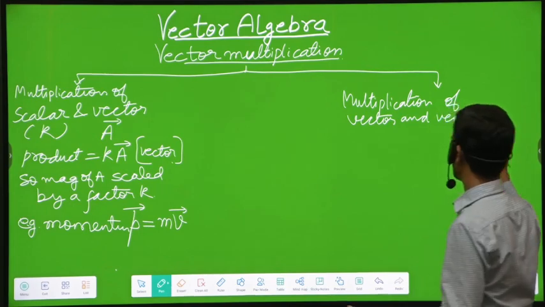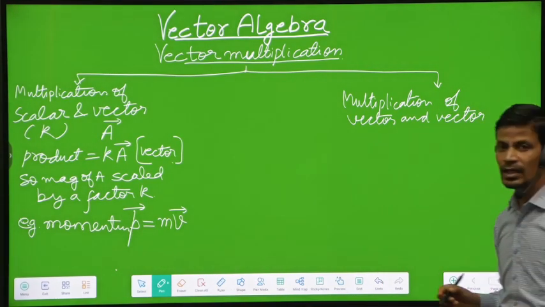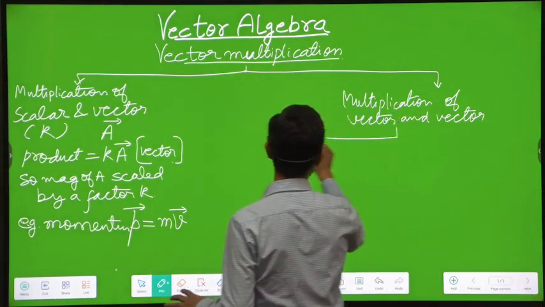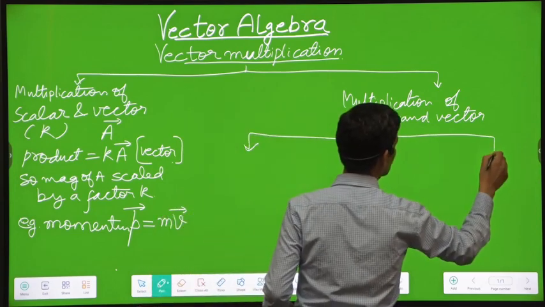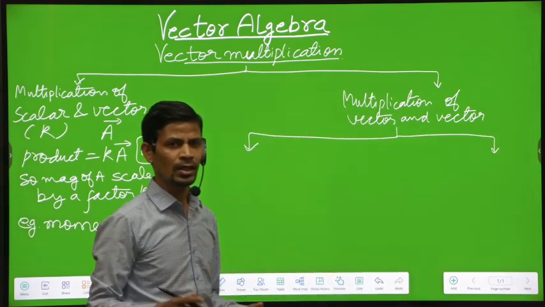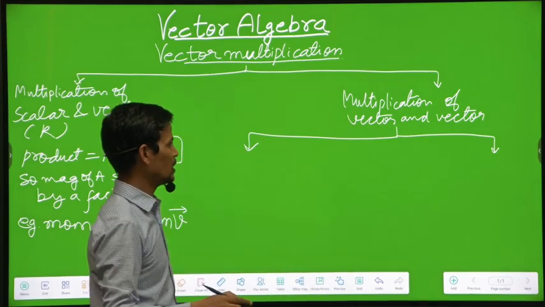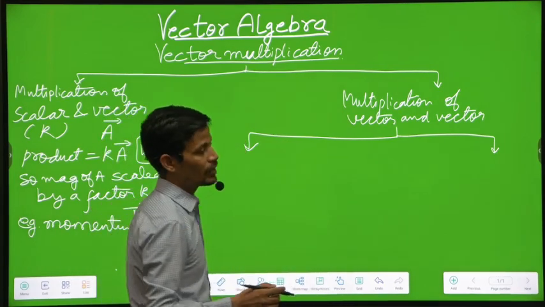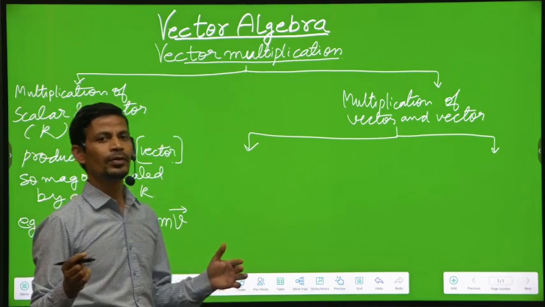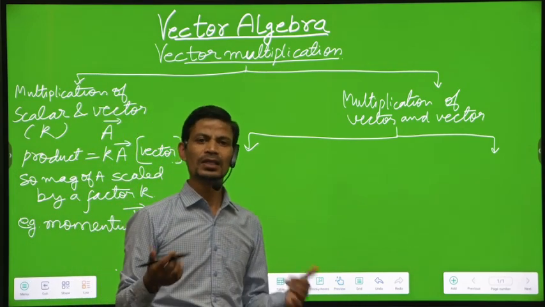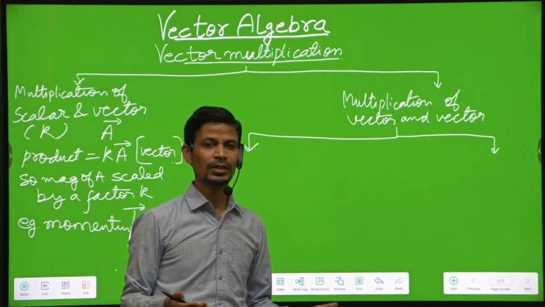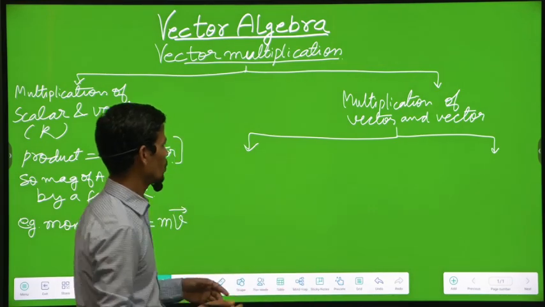I mean one vector with other vector. Then there are two possibilities. First, if product of two vectors is a vector, then we call it vector product. And if product of two vectors is a scalar, it is also possible, then we call it scalar product.